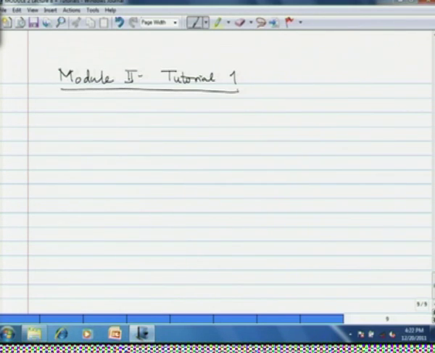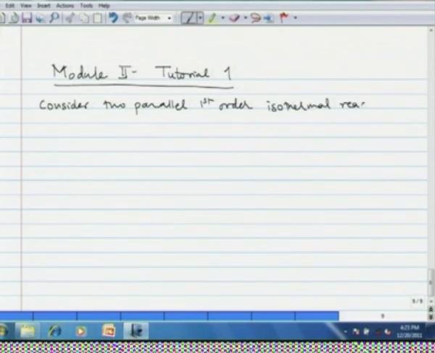I am writing now the problem definition. Consider 2 parallel first order isothermal reactions in a batch or a tubular reactor.